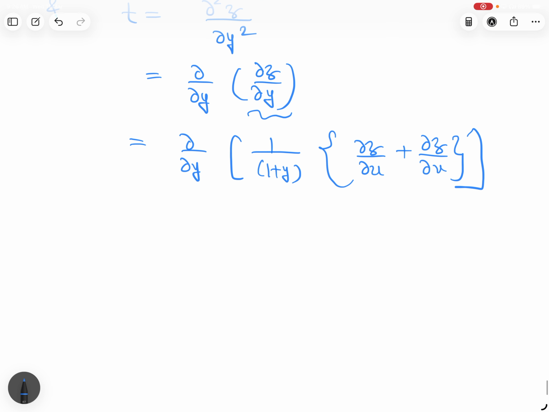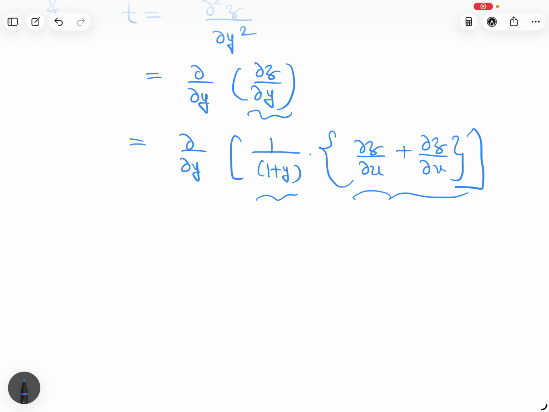So here two things are there. 1 upon 1 plus y is here and this expression is there. You have to use the product rule of derivatives. What is the product rule? Derivative of uv: first you keep u as it is, you differentiate v, and then plus you keep v as it is, you take the partial derivative of u.